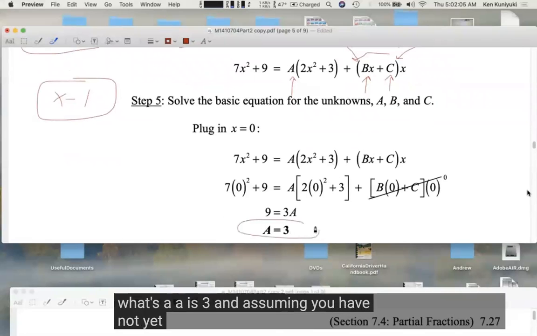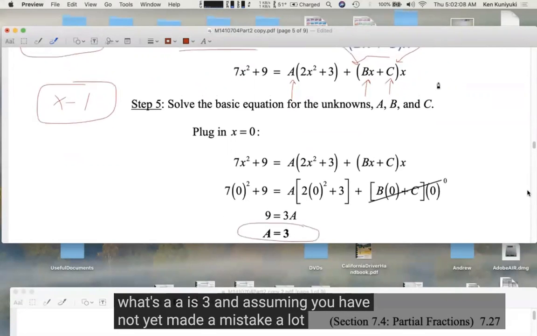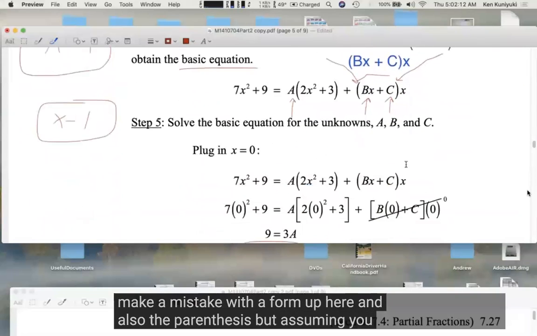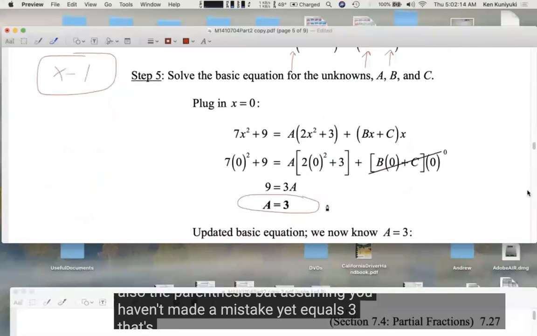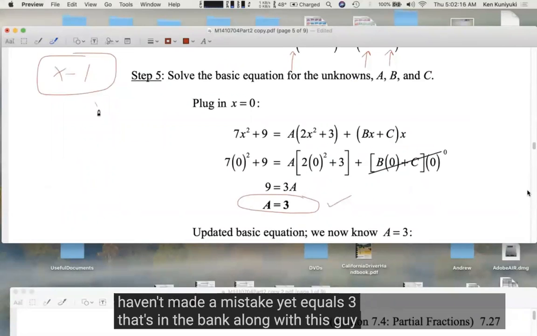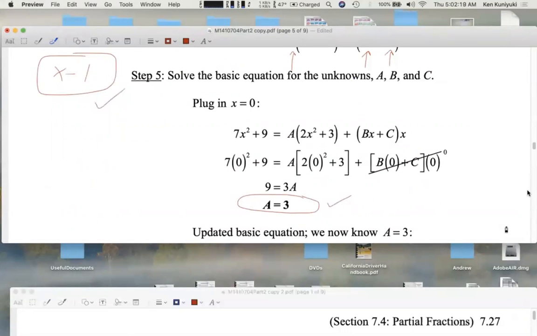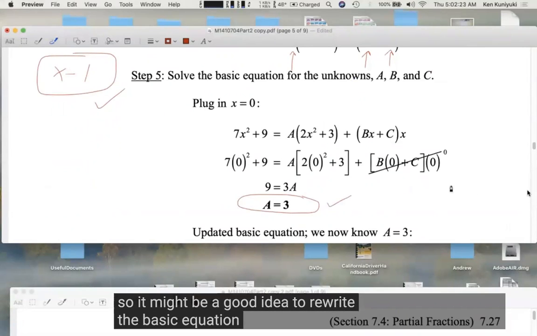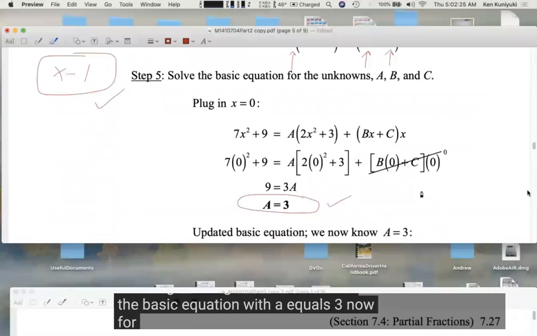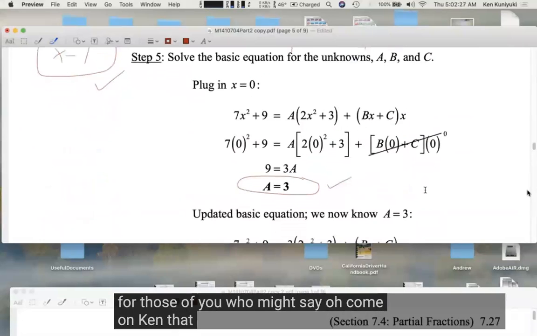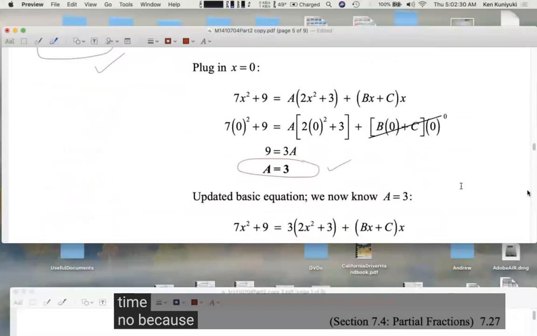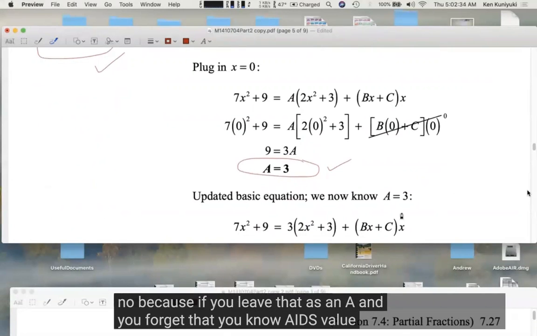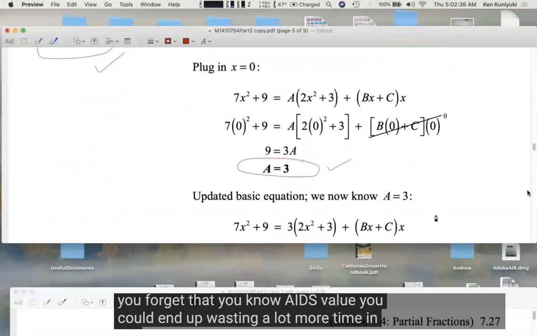And assuming you have not yet made a mistake, a lot of people make a mistake with the form up here and also the parentheses, but assuming you haven't made a mistake yet, a equals 3, that's in the bank, along with this guy. So it might be a good idea to rewrite the basic equation with a equals 3. Now, for those of you who might say, oh, come on, Ken, that seems like a waste of my time. No, because if you leave that as an a and you forget that you know a's value, you could end up wasting a lot more time in the end.